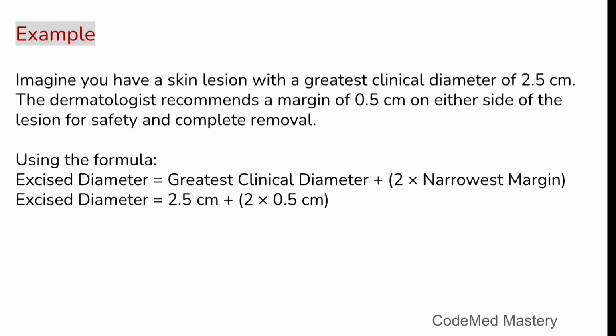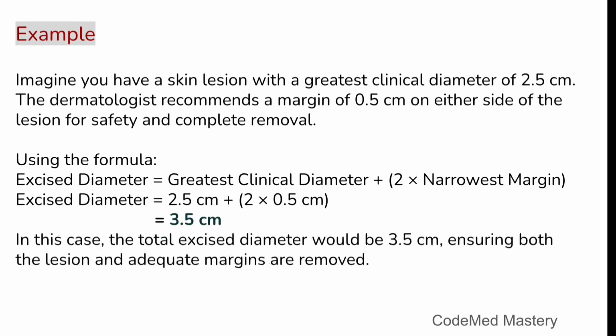So here the greatest clinical diameter is 2.5 cm plus 2 into narrowest margin, that is 0.5 cm. Total it will be 3.5 cm. Therefore, in this case, the total excised diameter would be 3.5 cm, ensuring both the lesion and adequate margins are removed.